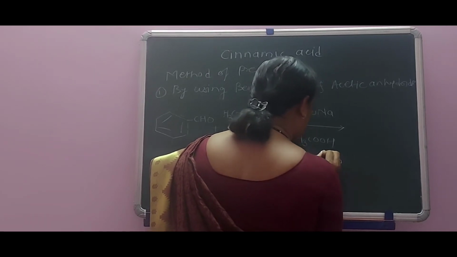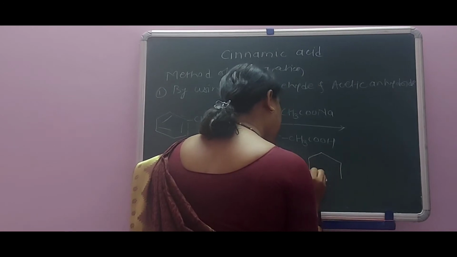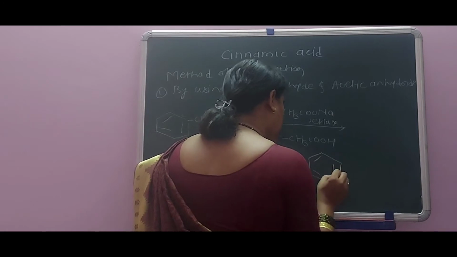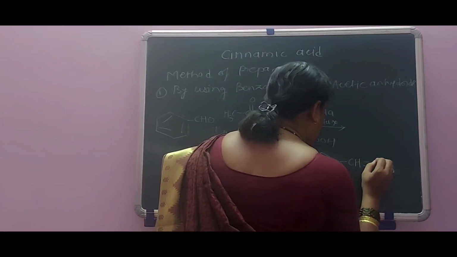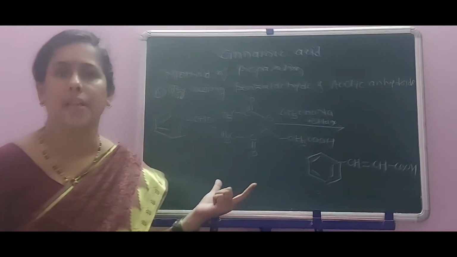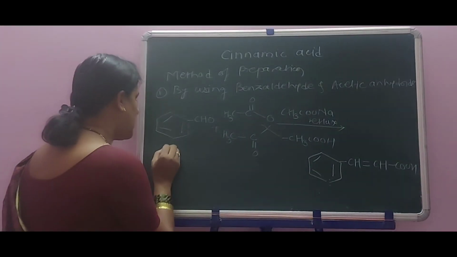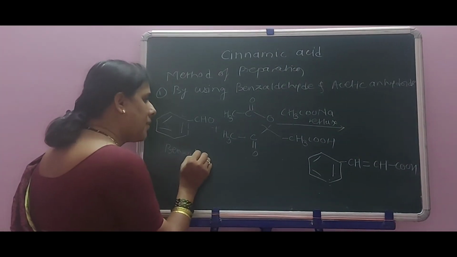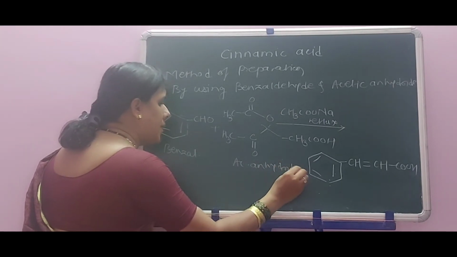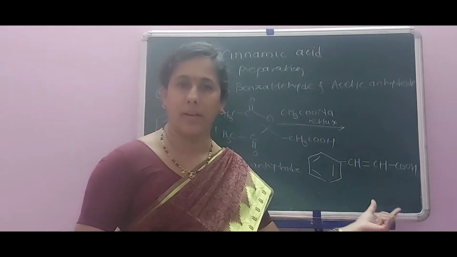The structure I am writing here: C6H5 CH double bond CH COOH. We are not going into detail because we already know the Perkin reaction. This is benzaldehyde and this is acetic anhydride. When benzaldehyde reacts with acetic anhydride, there is formation of cinnamic acid.